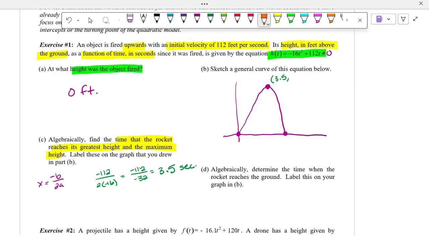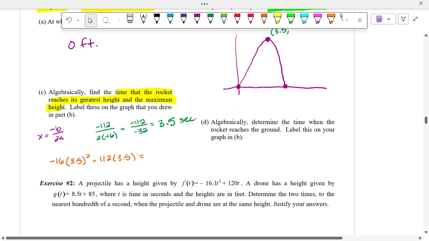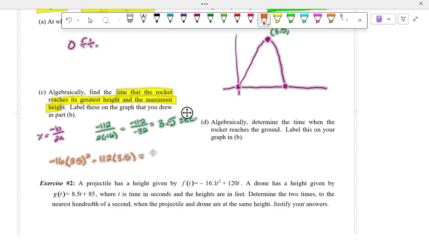Plug it back into our original function. So this would be negative 16 times 3.5 squared plus 112 times 3.5, which would equal what? Take a minute, plug it in your calculator. 196.